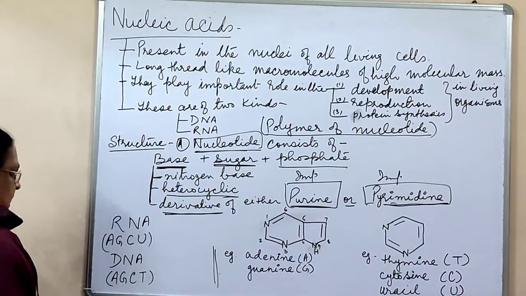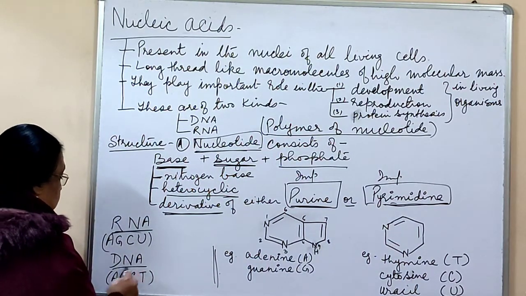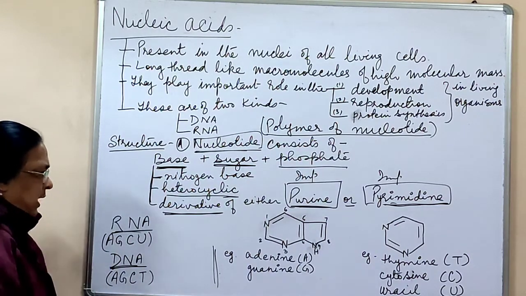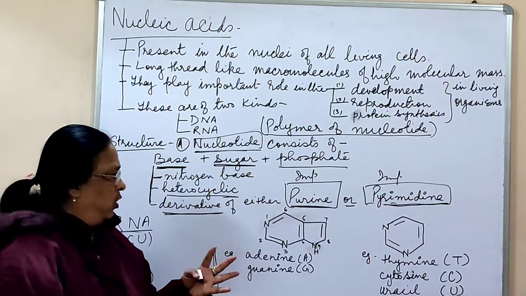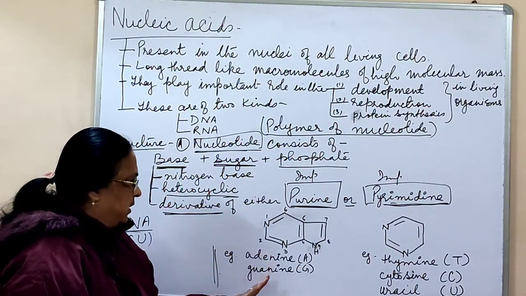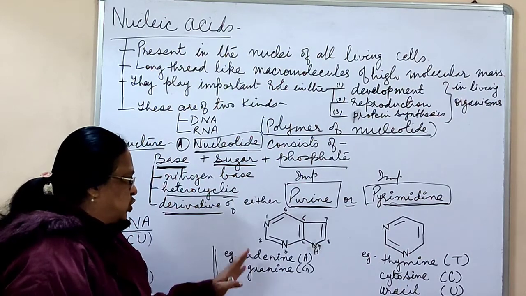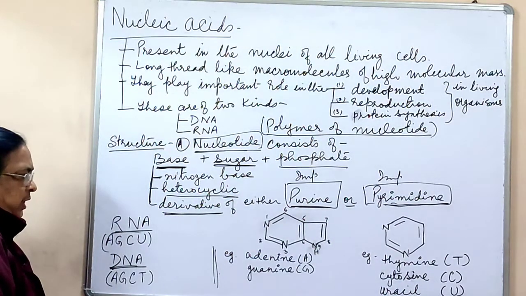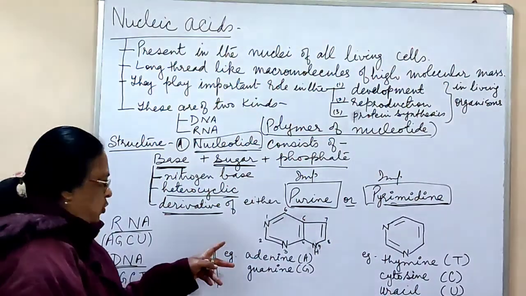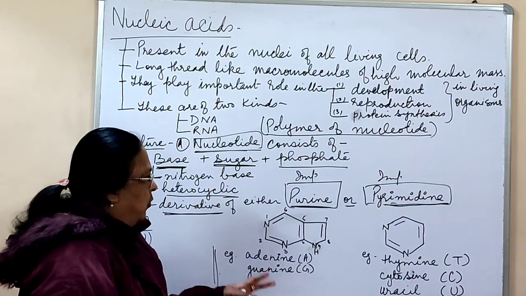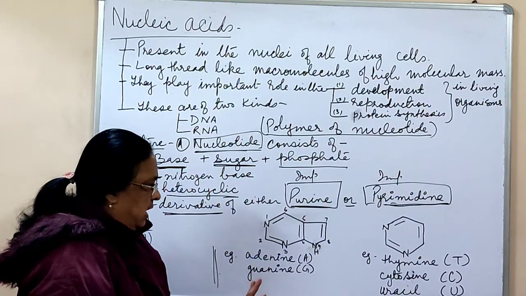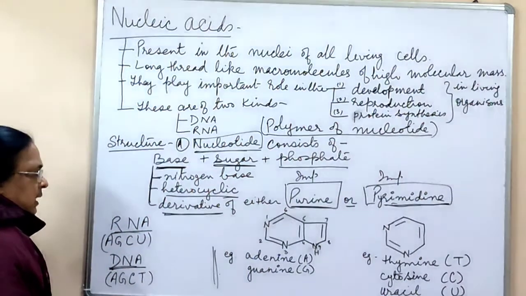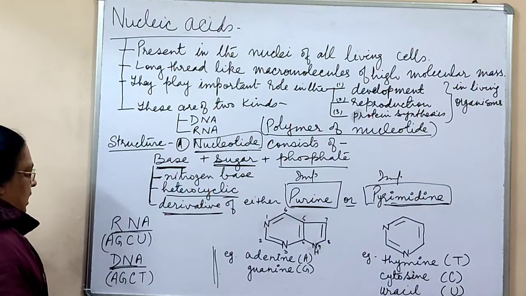So, when we are talking about RNA and DNA, they each have four of these purines and pyrimidines. It has two purines and two pyrimidines. Two purines and two pyrimidines will be making DNA and RNA, but the difference is that one of the pyrimidines is different in DNA and RNA.